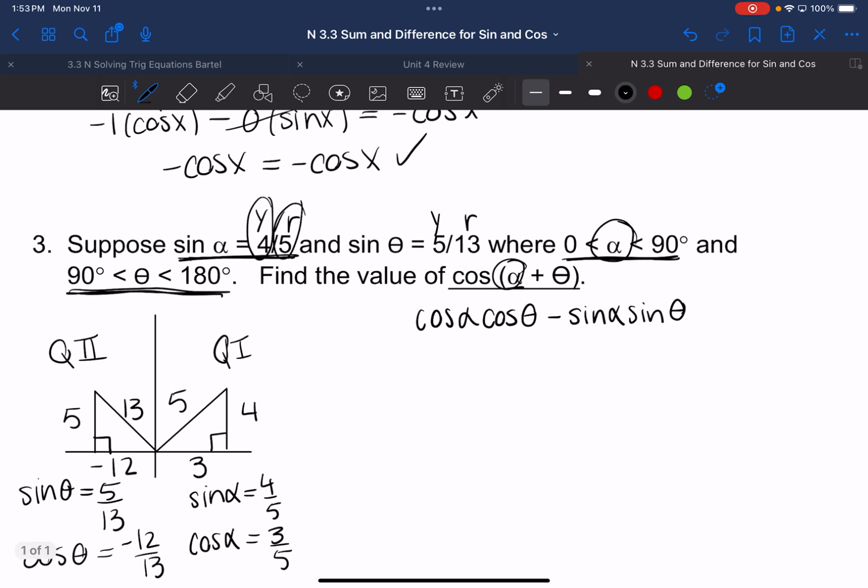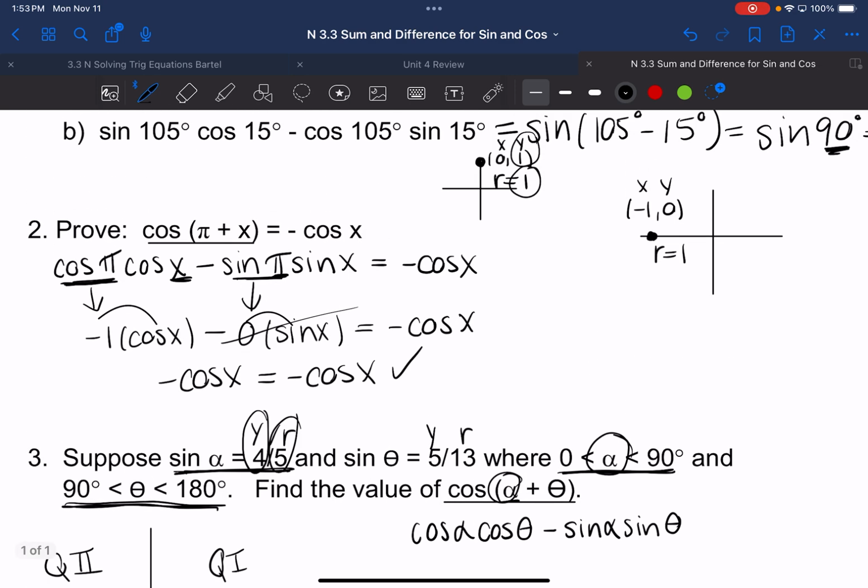Okay, so now we're just going to substitute this information in. Just like up here, when we knew this information, we were able to plug things in here and here, right?